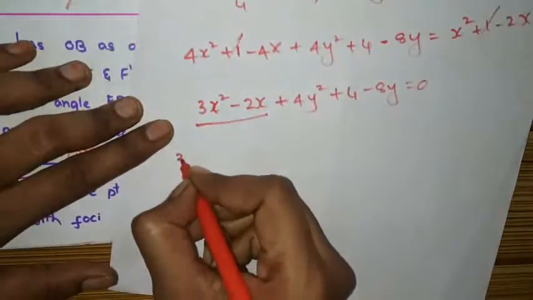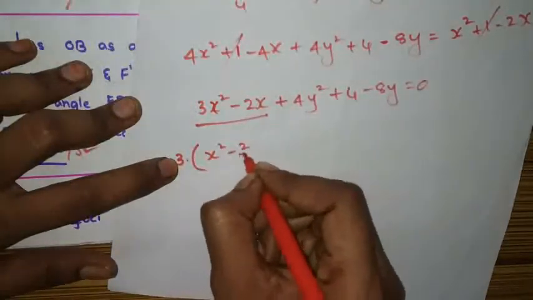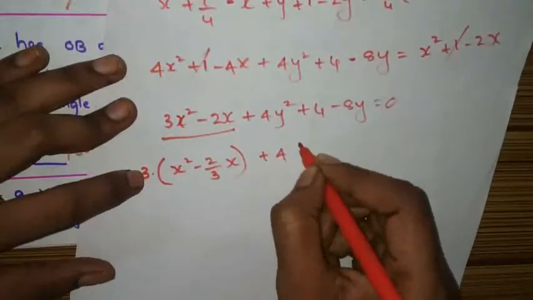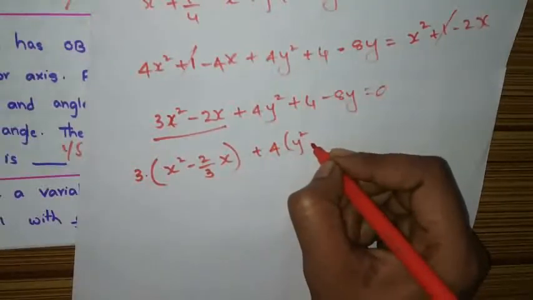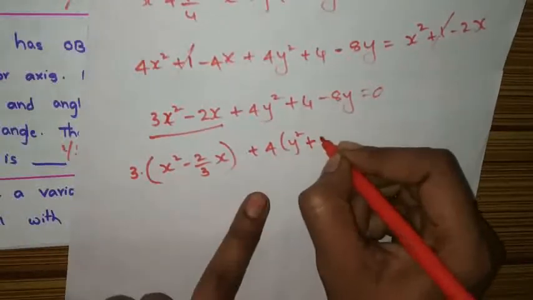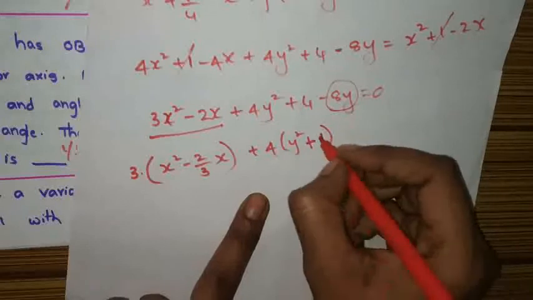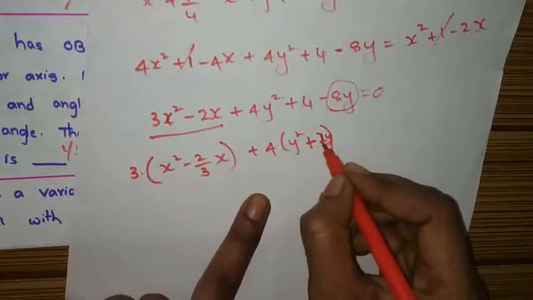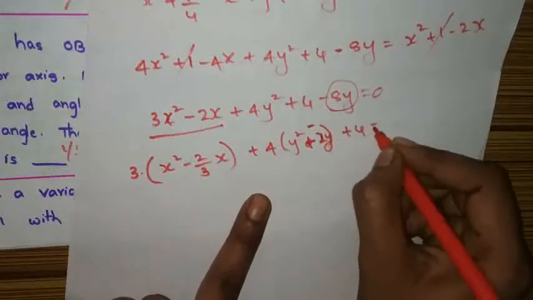So take 3 of x square minus 2 by 3 x, plus 4 of y square, sorry, here you take 4, then it will become minus 2y. Y square plus 2y, minus 2y plus 4 is equal to 0.